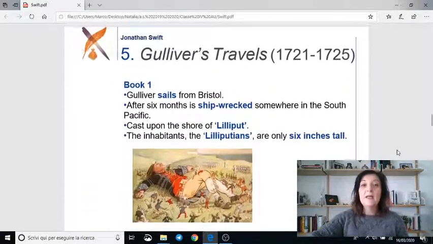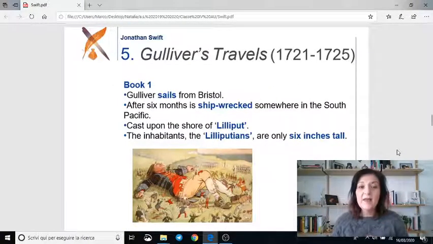We said that the novel is divided into 4 different books. Let's focus on the most important contents of the 4 books. In book 1, we have the first account of the first part of Lemuel Gulliver's life.